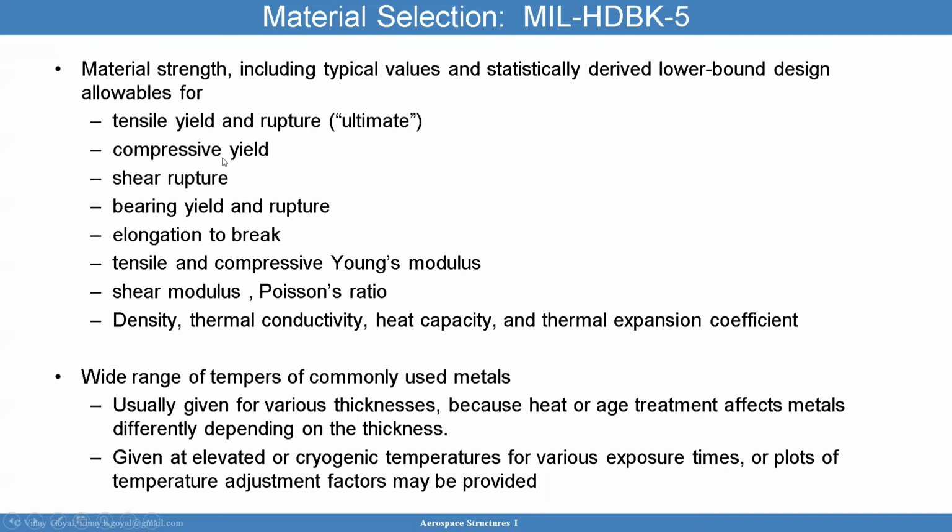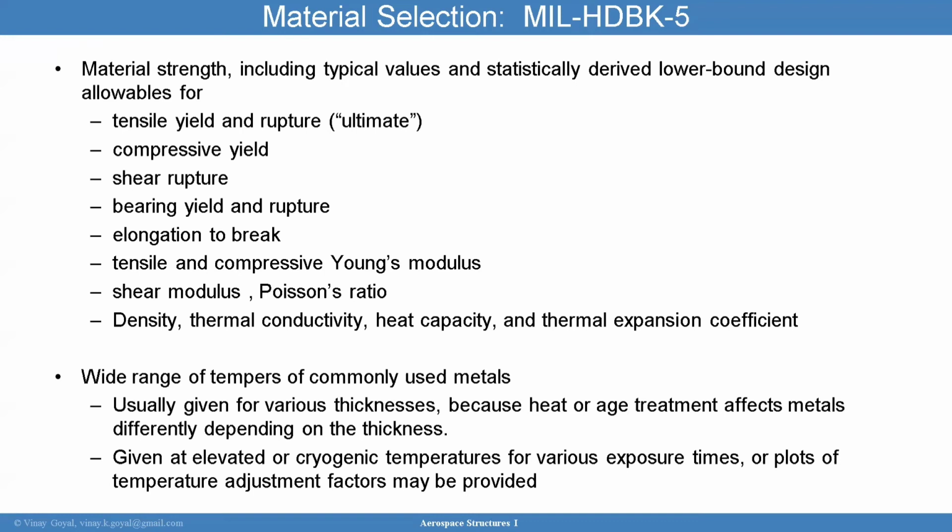So all this data is provided in the Mil Handbook. It's very helpful for designing. You can download it. The latest version is now called MMPDS, and that's the version that will contain the latest material properties for the various materials.